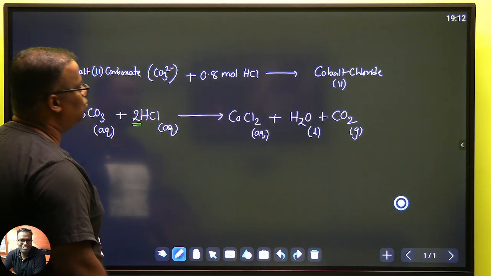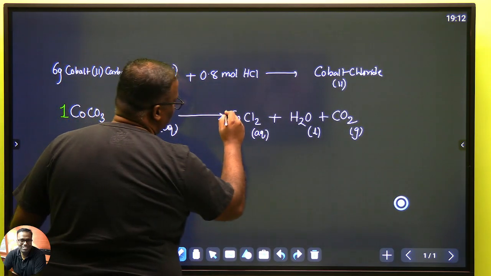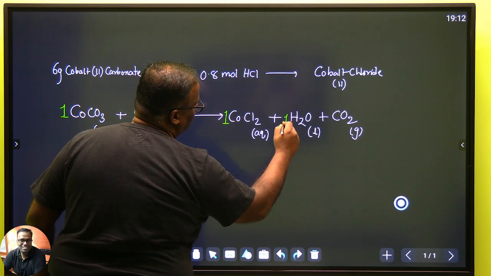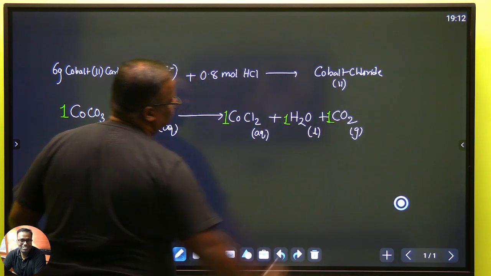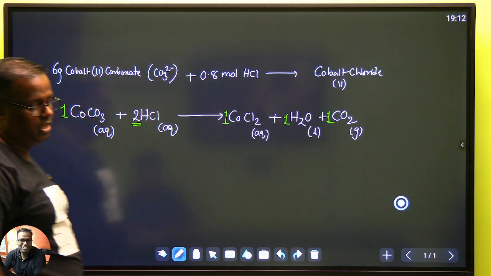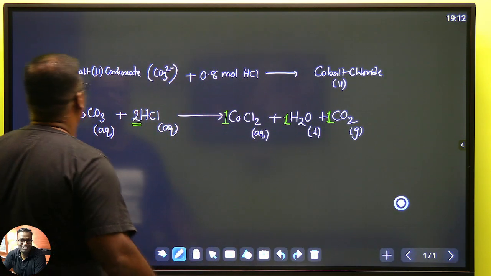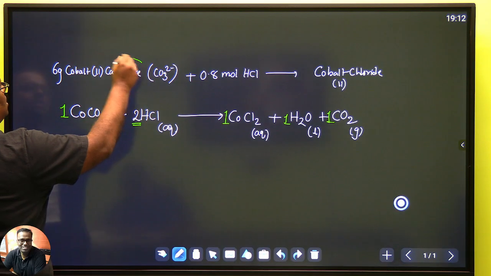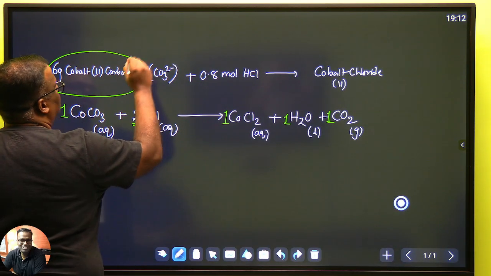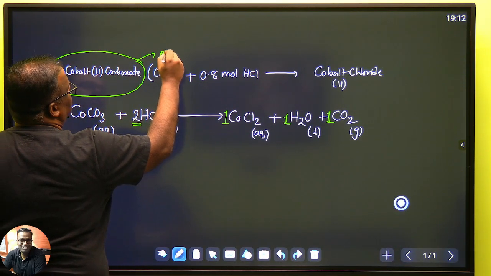Always remember this. 2 moles HCl give you 1 mole of each product. We are not bothered about the product side. Our question is to show that this was in excess.